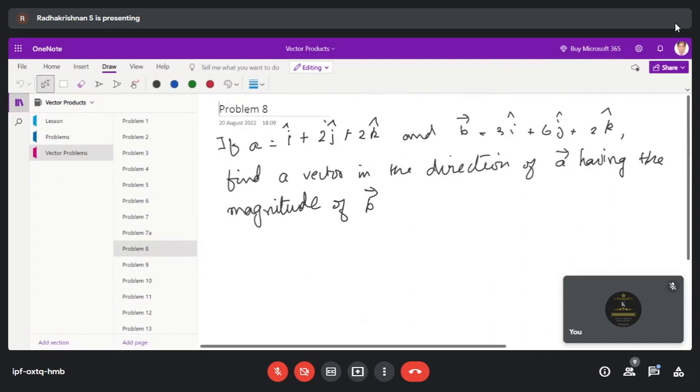So let's go to the next problem. A equal to i plus 2j plus 2k and B equal to 3i plus 6j plus 2k.